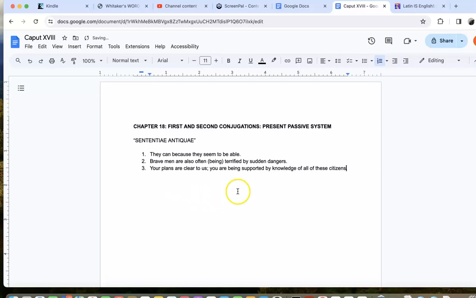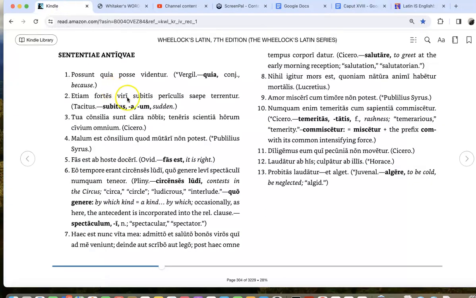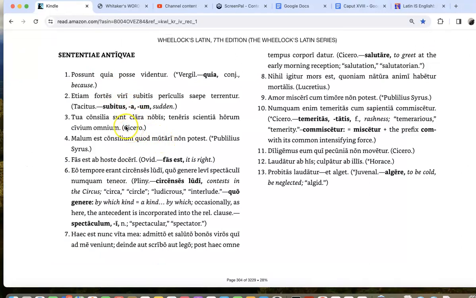Your plans are clear to us. You are being supported by knowledge of all of these citizens. That seems to make a little bit more sense. Cicero, as you may recall, is a representative of Roman republicanism.